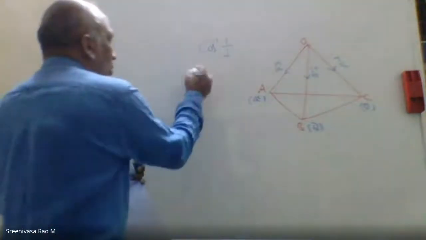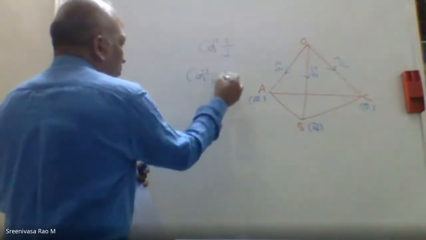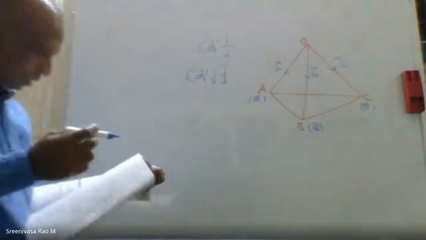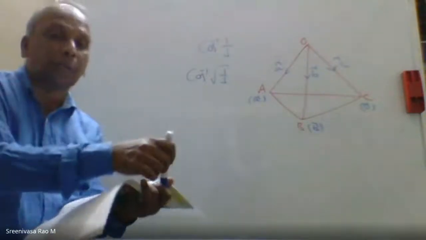Cos inverse of root of 1 by 3, in brackets.